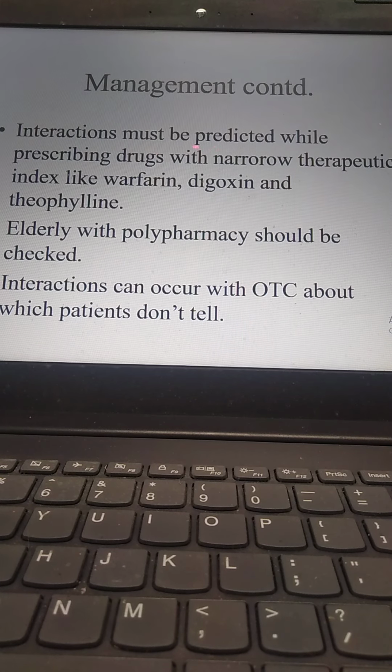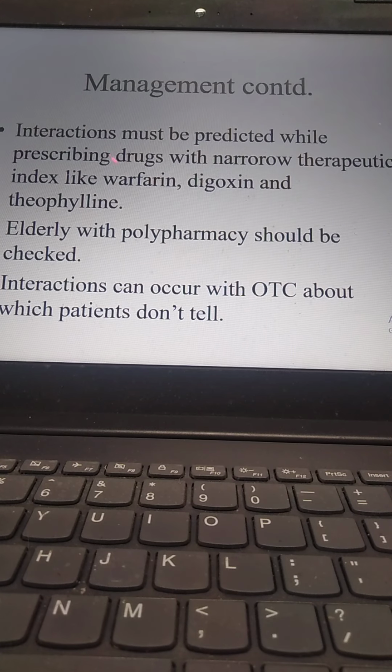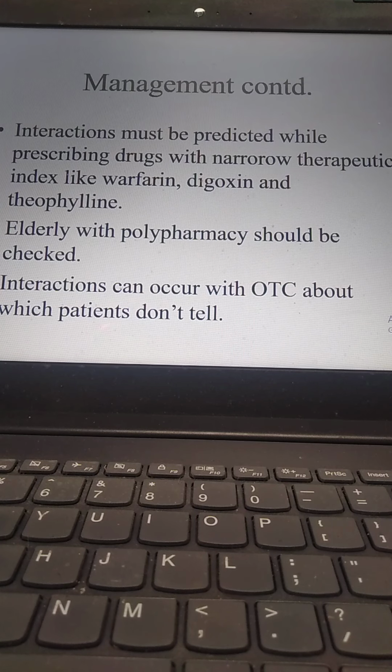Then interaction must be predicted while prescribing drugs with narrow therapeutic index like warfarin, digoxin, and theophylline. These are the drugs which have a narrow therapeutic index, and interaction is predicted, and we have to prescribe these drugs very, very cautiously. Elderly with polypharmacy should be checked. Interactions can occur with OTC over-the-counter drugs or non-prescription drugs about which patients do not tell because they hide things.